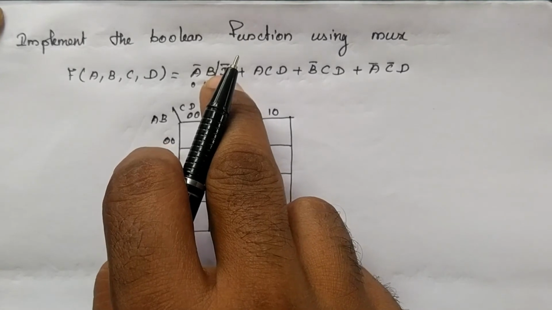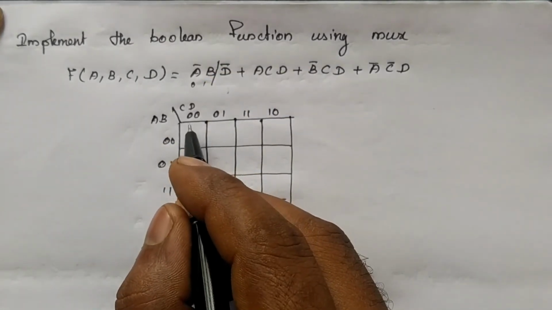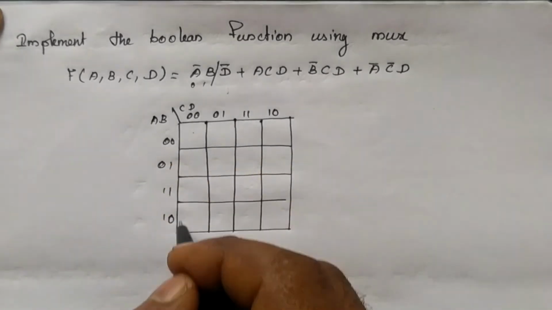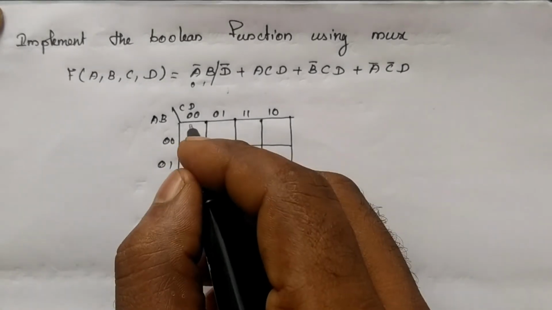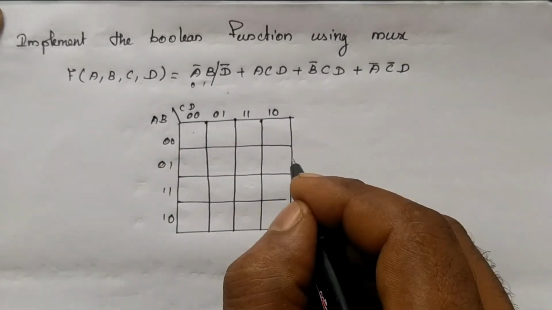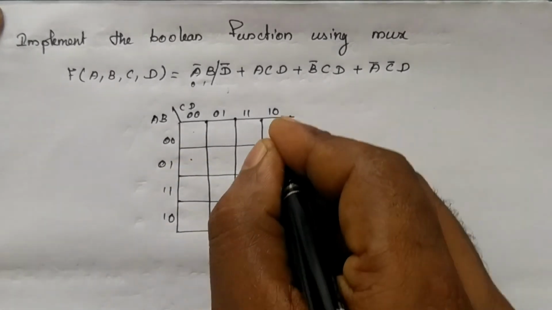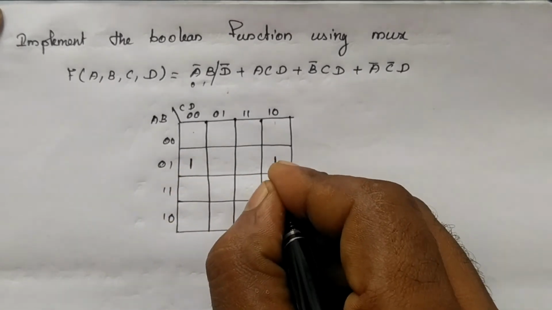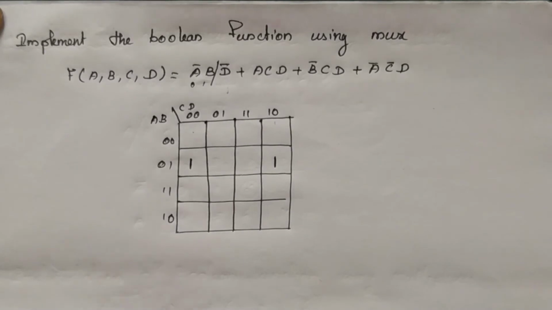D bar means the D value is 0, so between these two columns the D value is 0. Therefore, at the intersection area of these lines, we will have 1 here, and 1 here also.